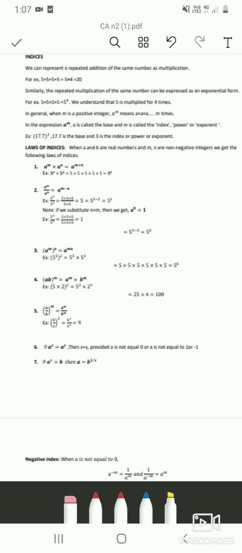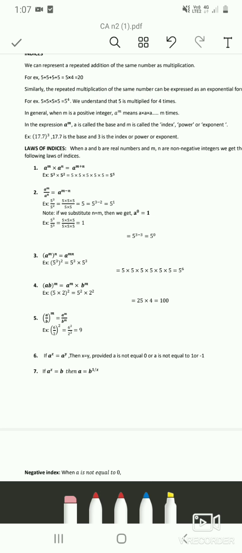So now let's quickly revise. In the expression a power m, a is called the base and m is called the index, power or exponent. We have studied 7 laws of indices. The first law is a power m into a power n, which we can write as a power m plus n.